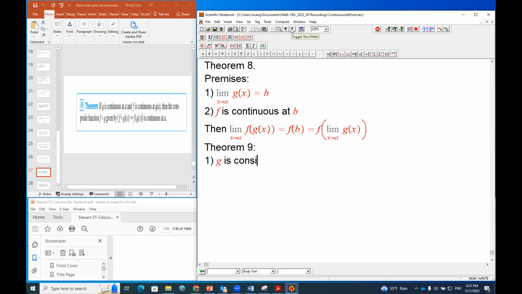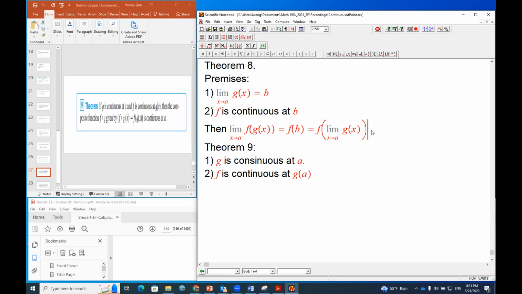Second one, f is continuous at g of a instead of at b.